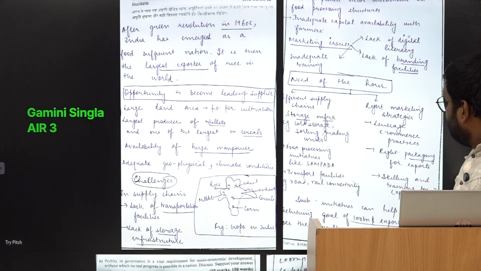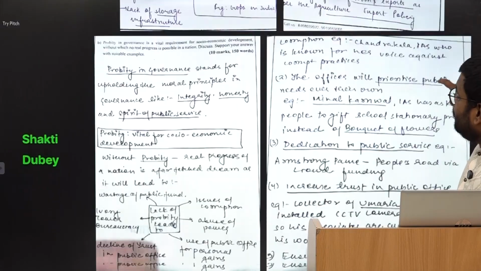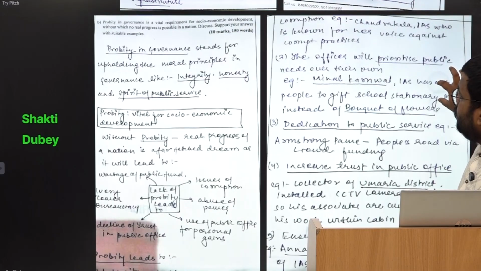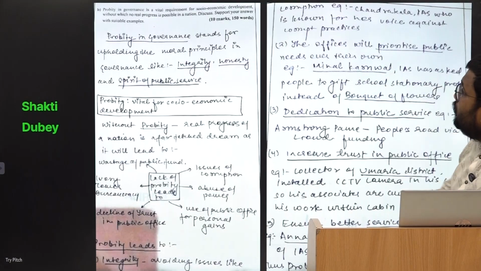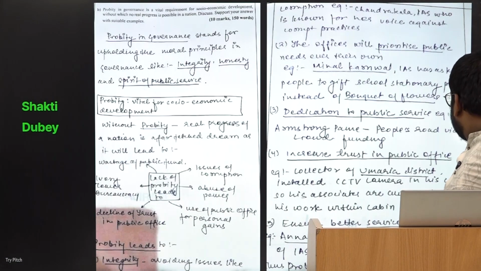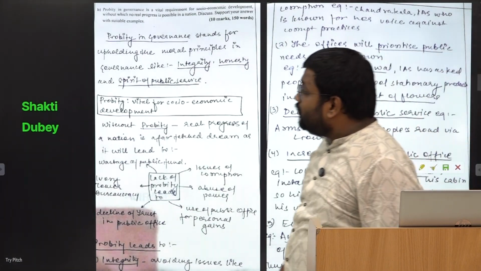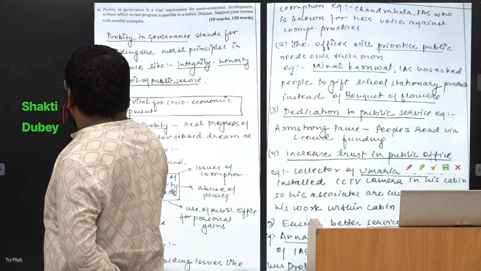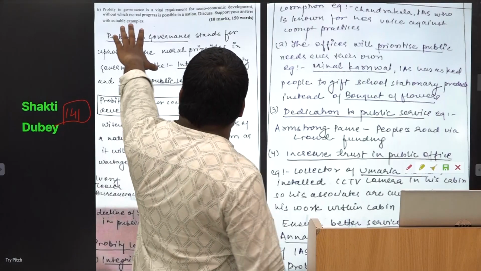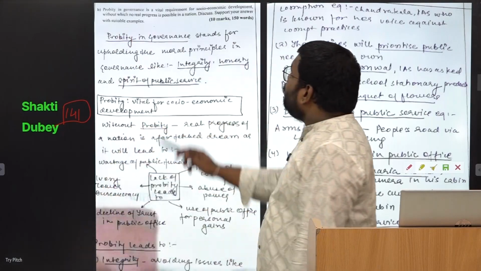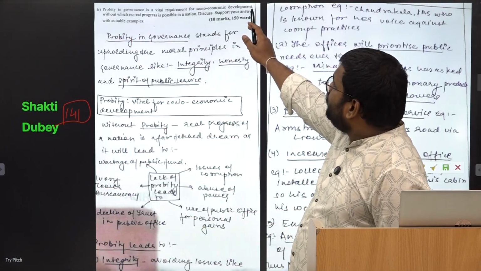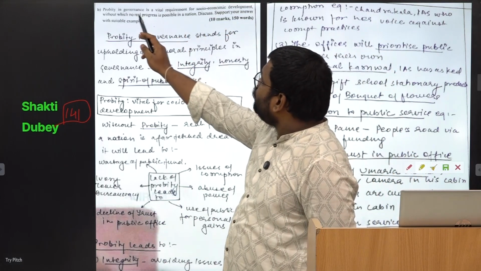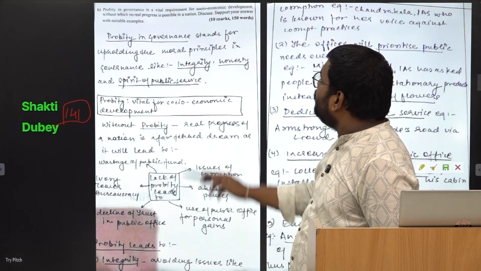Again, if you see, this is the answer of Shakti Dubey. Okay, if you see her answer also, if you read the question, probity in governance, again, she had the highest mark in ethics. She has 141 marks in ethics. So if you see, probity in governance is a vital requirement for socio-economic development, without which no real progress is possible.